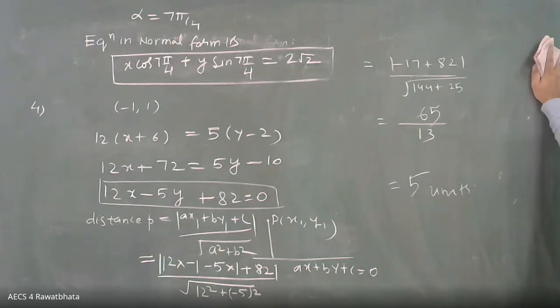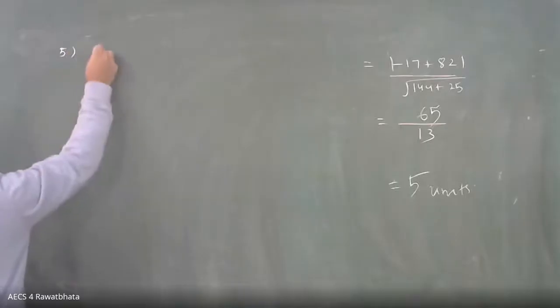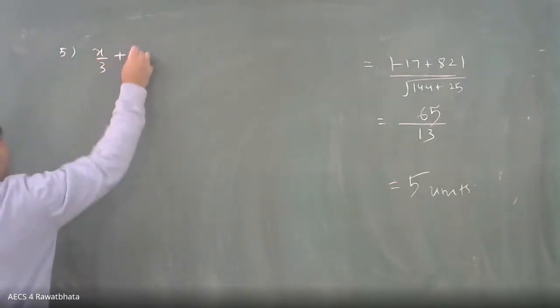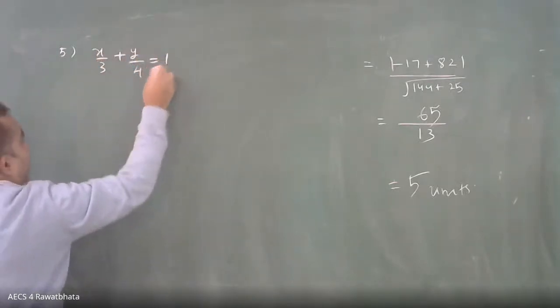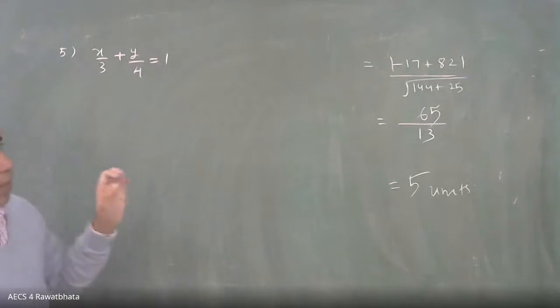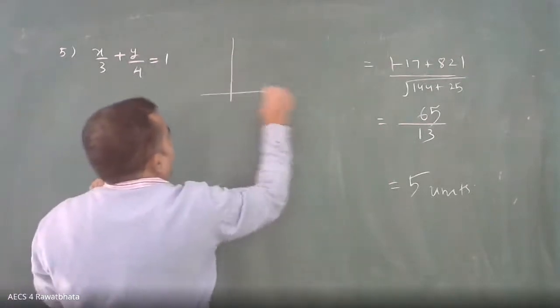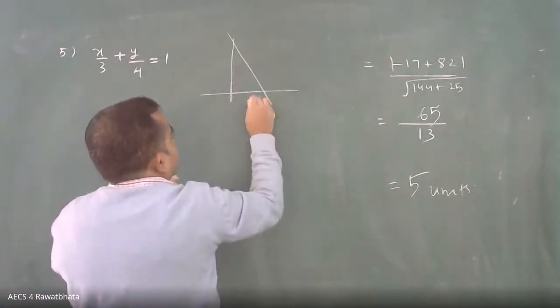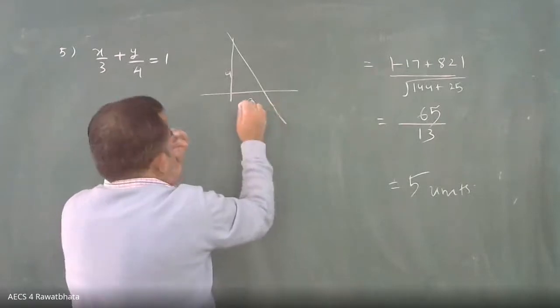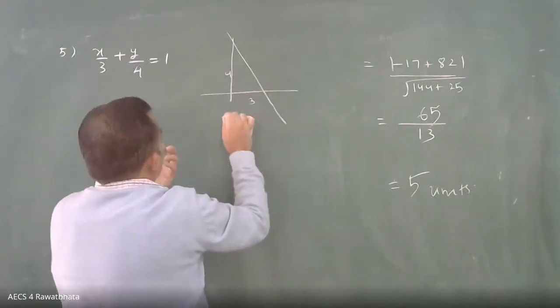Find the points on the x-axis whose distances from the line x by 3 plus y by 4 is equal to 1 are 4 units. So x by 3 plus y by 4 equal to 1, and I have to find the point on the x-axis whose distance from this line is 4 units.